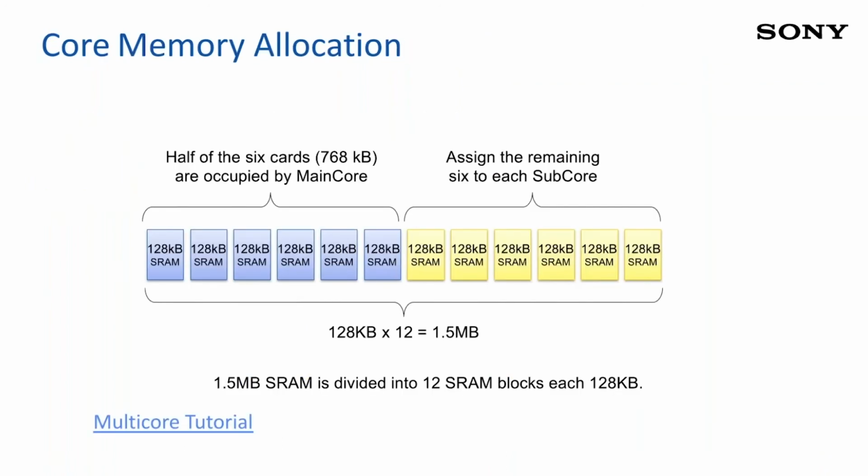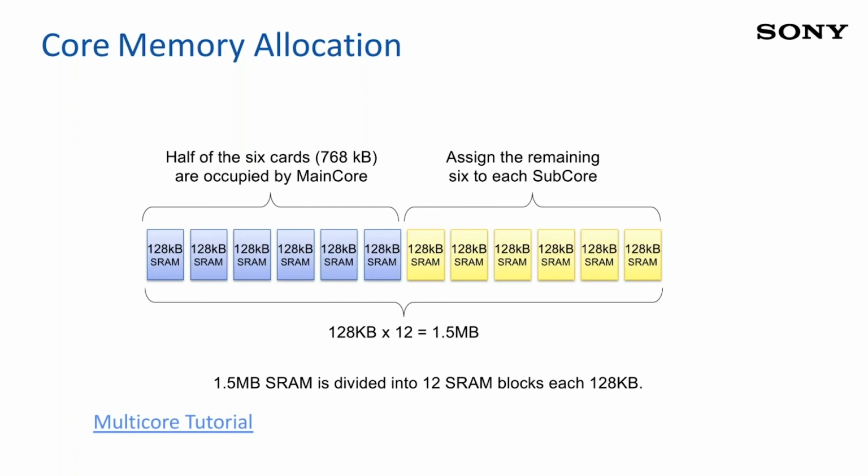Let's see what the memory allocation is for these cores. We have 1.5 megabytes, which we divided into 12 tiles, 12 blocks. I told you each core can have dedicated memory, so we divided it into 2 sections, the blue and yellow. Blue was my main core, and yellow was the subcores.